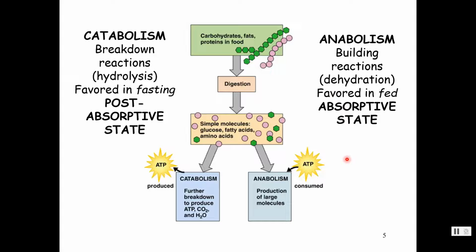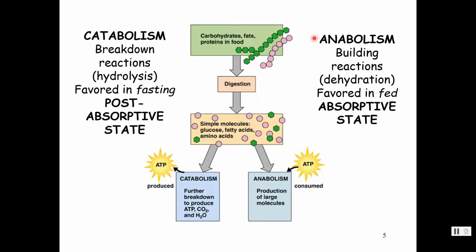Over here, we have anabolism. We are made up of the same molecules as the food that we eat. All living things are made up of those same building blocks. So we can also take those building blocks, those simple sugars, fatty acids, and amino acids, and we can build body structures. That requires ATP. So anabolism, those building reactions, are going to be through dehydration.